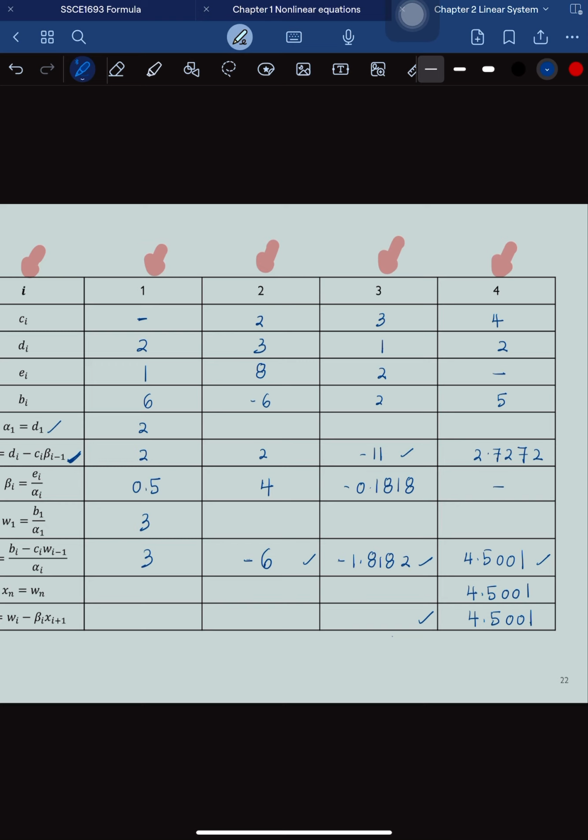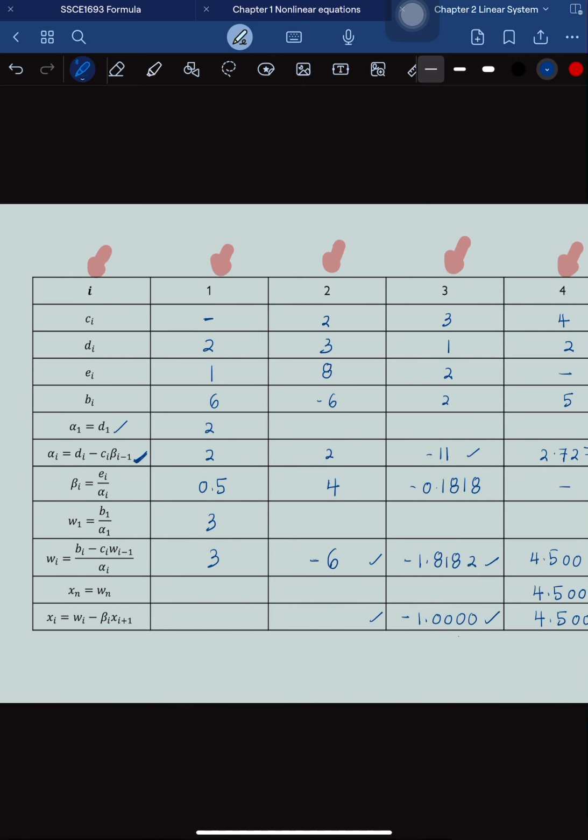So x3 is negative 1.1230. Next we need to find x2. So x2 is W2, negative 6, minus beta 4 times the previous x, giving negative 2. And x1 equal to W1 minus beta times the previous x, so equal to 4.